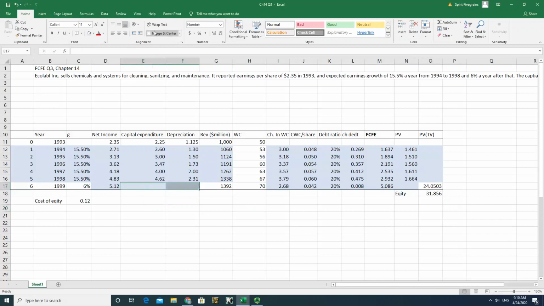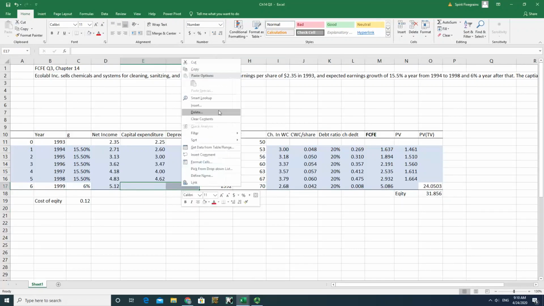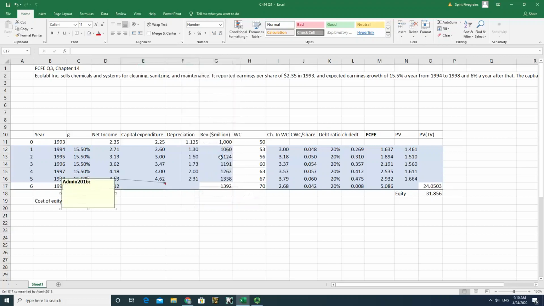And here you want to make a little comment. Say, assuming net capital expenditure is zero for the terminal period.